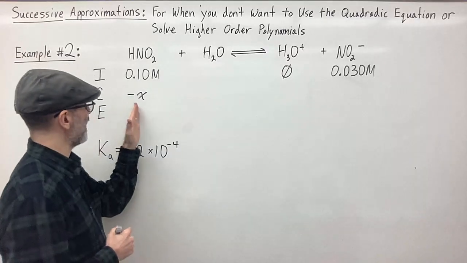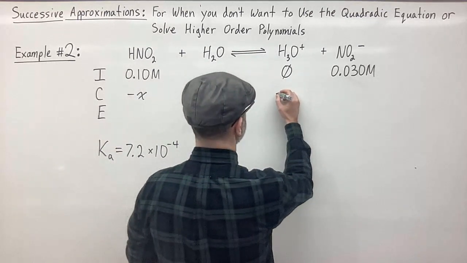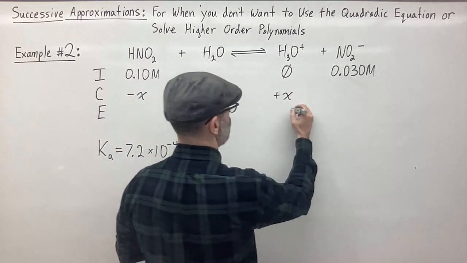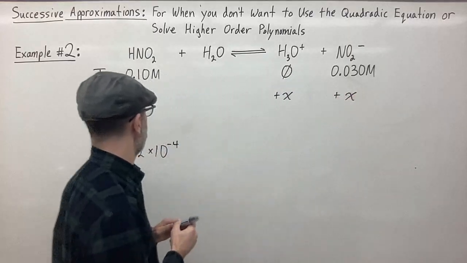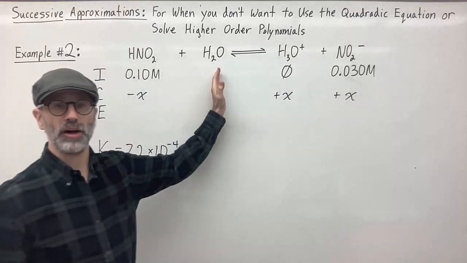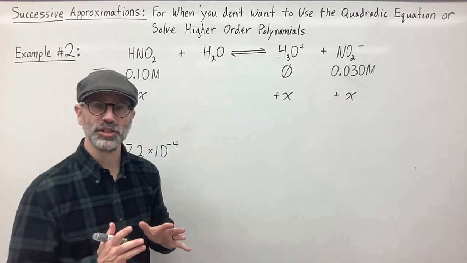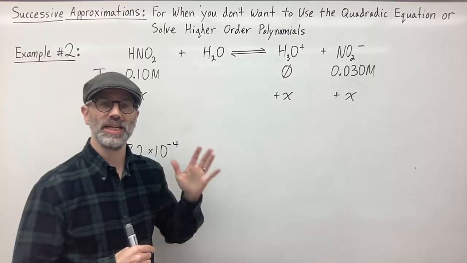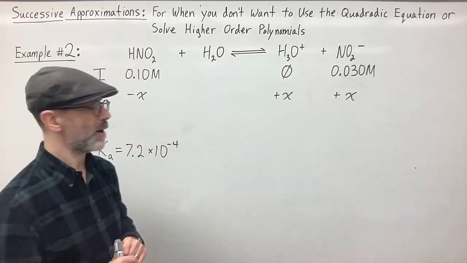So for every X amount I lose here, I'm going to gain an X amount here, and an X amount there. Now, notice I have water here. I'm ignoring water because in all equilibrium expressions, we ignore liquids and solids. Water is a liquid, so we're going to ignore that.